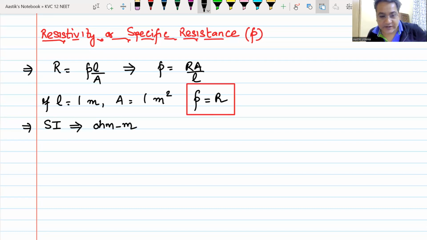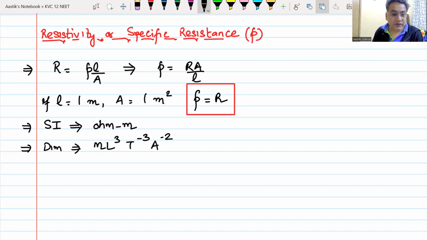Ohm multiplied by meter, its dimension becomes M L cube, T raised to the power of minus 3, A raised to the power of minus 2.